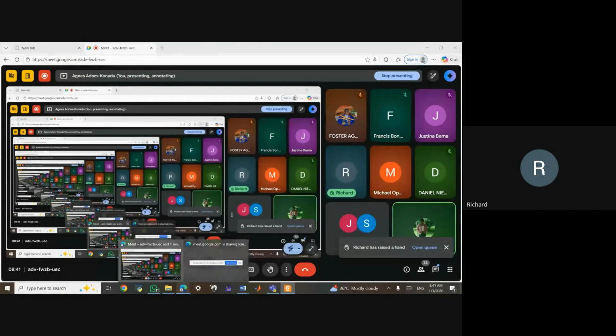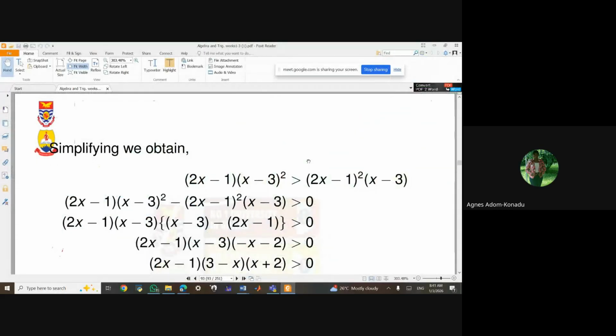Okay, so we simplify: you have 2x minus 1, x minus 3 all squared, greater than 2x minus 1 squared, and then x minus 3. Then when this one comes to this side, we get 2x minus 1, x minus 3, minus 2x minus 1 squared, x minus 3, greater than 0.